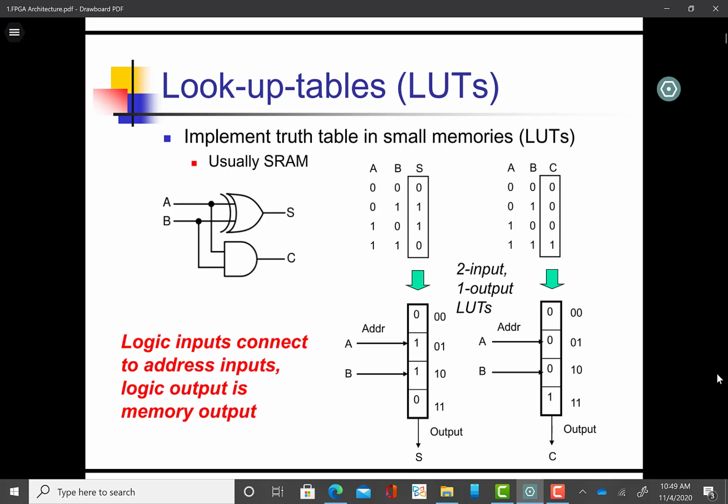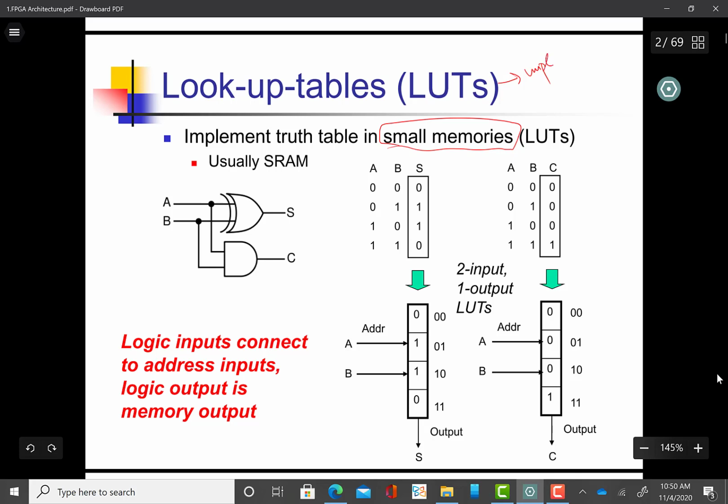That is called a lookup table, or for short LUT. So a LUT is a device, or more specifically it is a very small memory, okay, which can implement any combinational circuit.